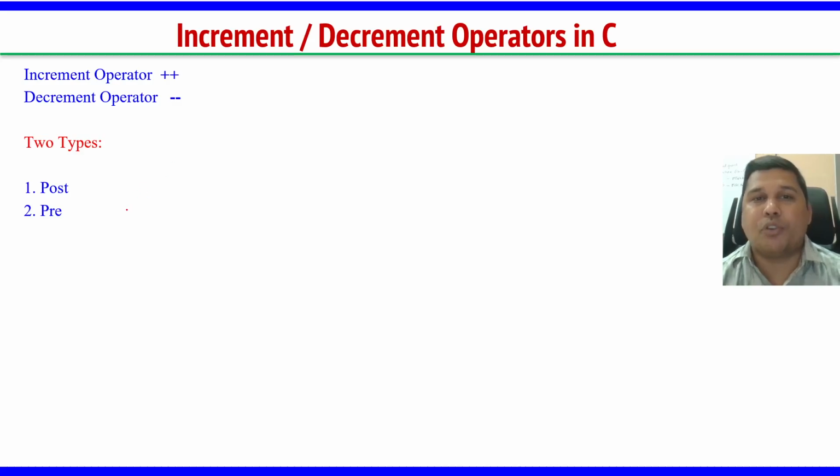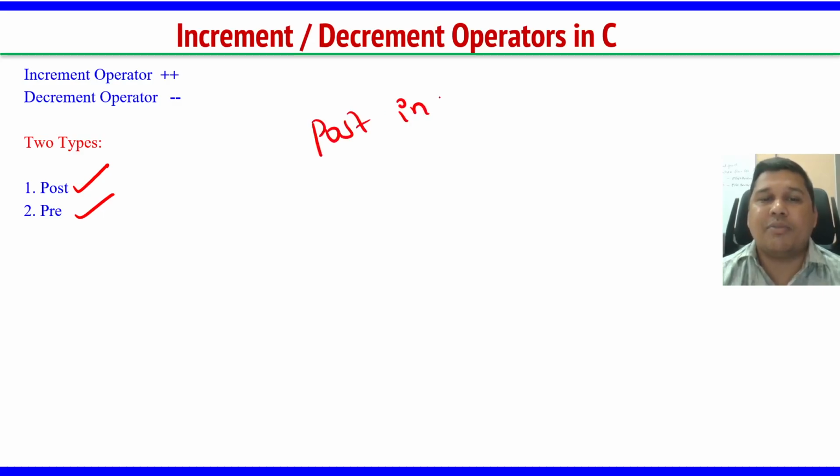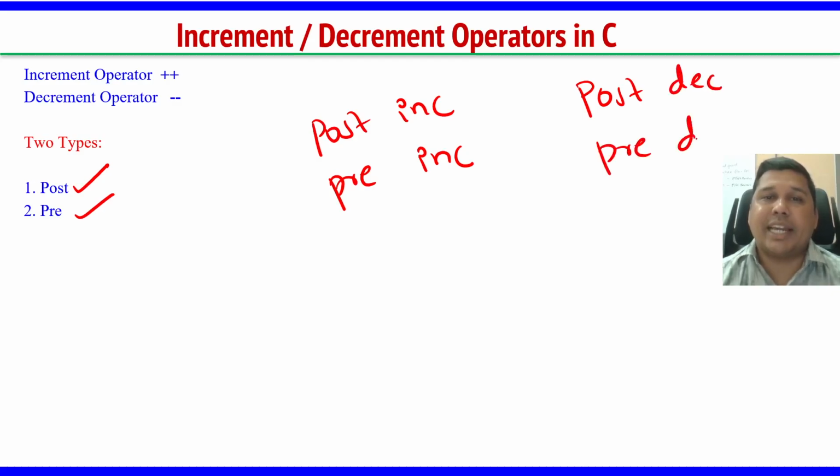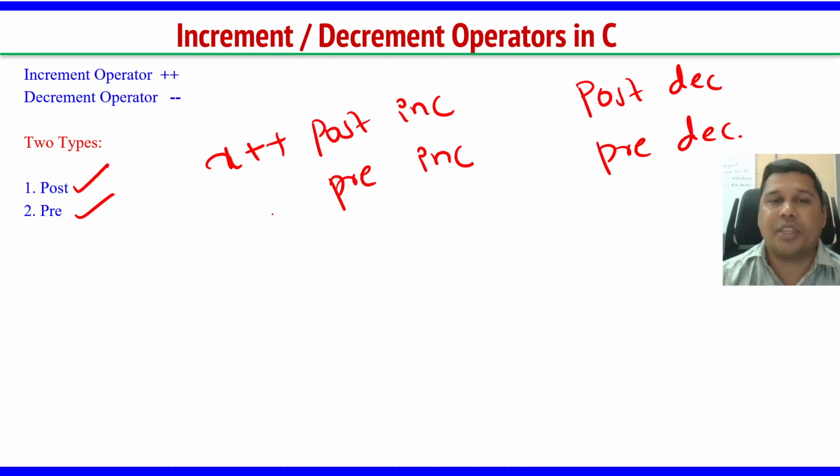We have two types of operators here, post and pre. It means I have post increment and pre increment. In the same way, we have post decrement and pre decrement. So what are post and pre? Post means if I write the plus plus symbol after the variable, like this, x plus plus.